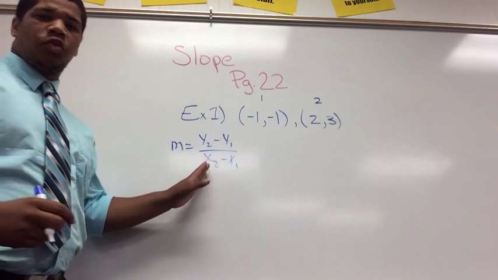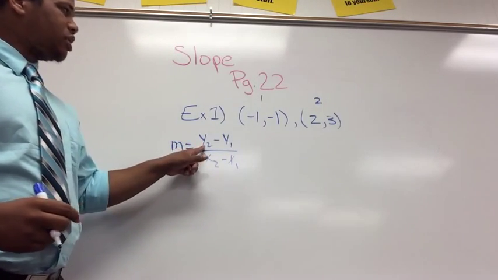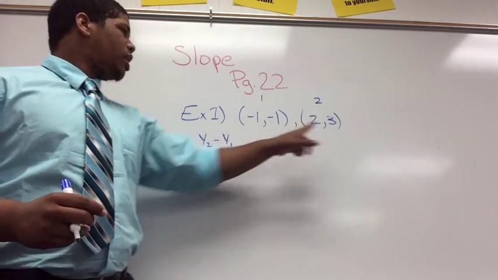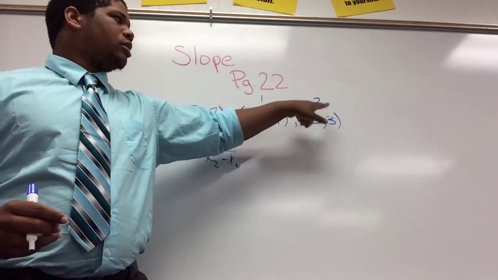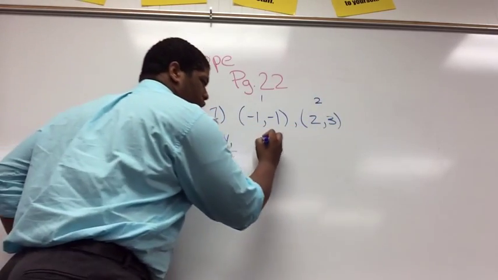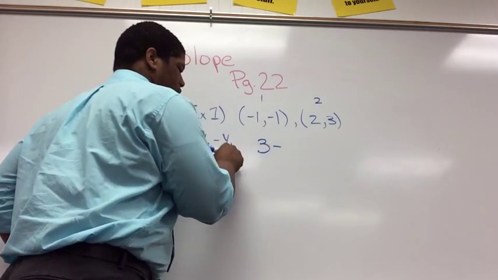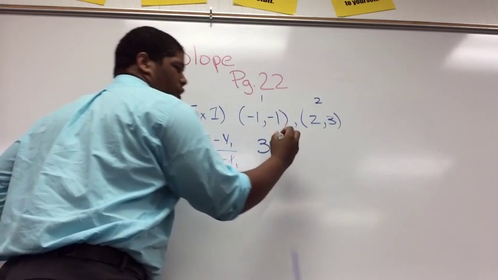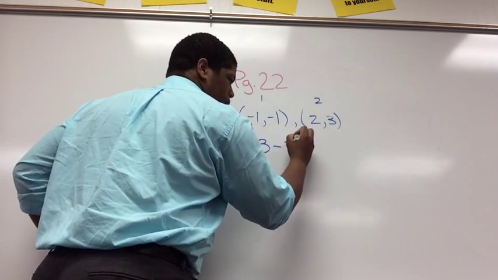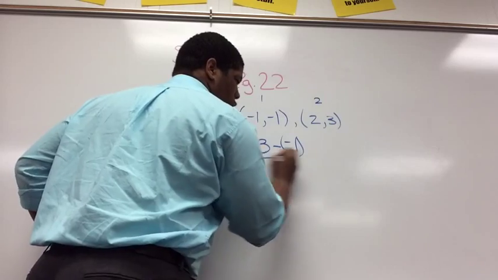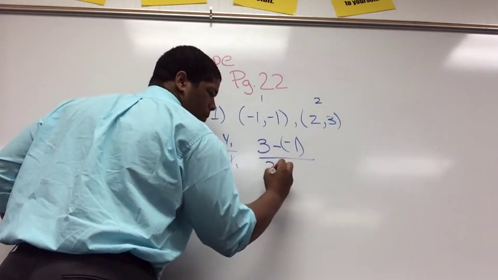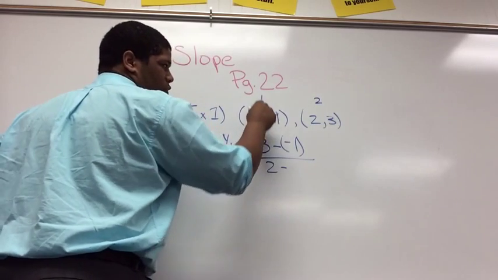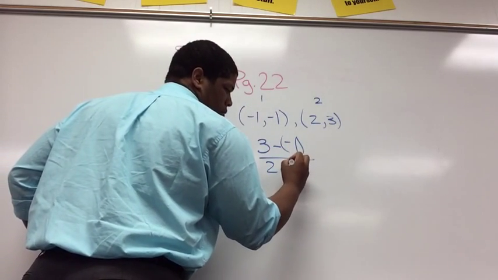So I'm just going to fill this formula in now. So my Y2 is my Y in my second coordinate point. So Y2 is 3 minus my Y1 is -1 over X2, which is 2, minus -1, which is my X1.